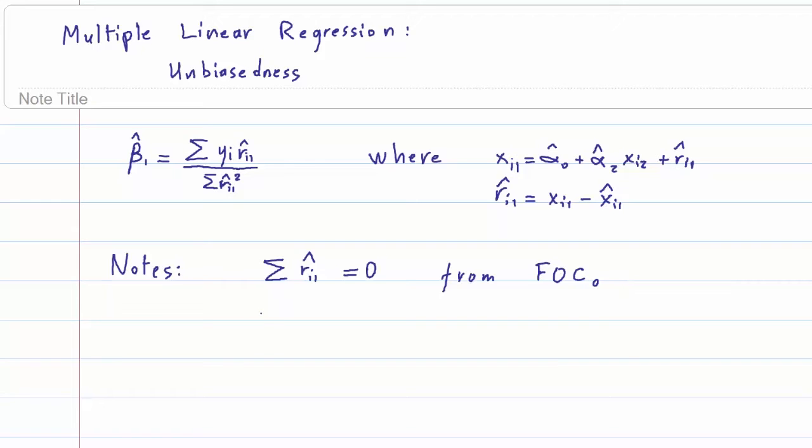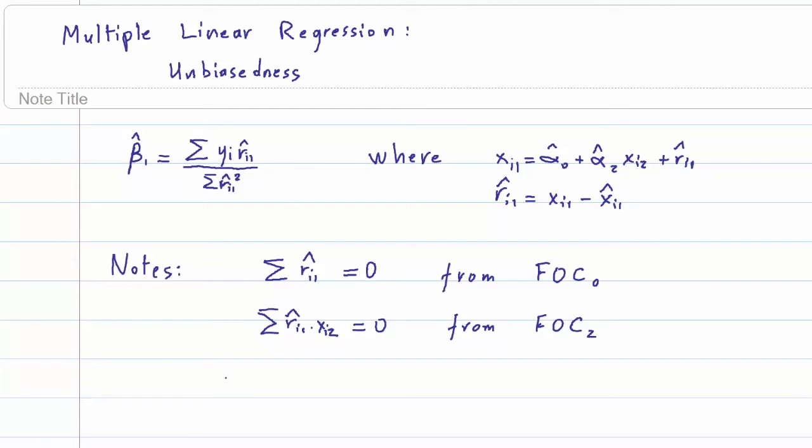Then the sum of ri1 hat times xi2: xi2 is a regressor, and the sum of the product of the regressor times the residual should be 0 from the first order condition for alpha 2, so I'll call it FOC2.